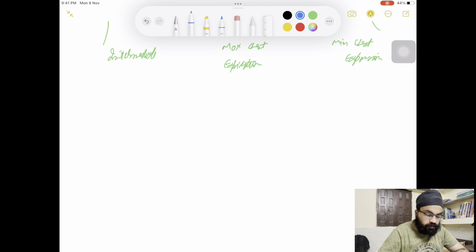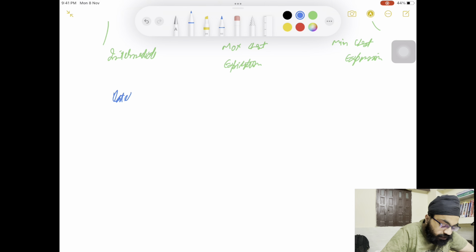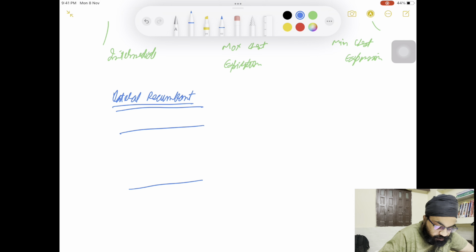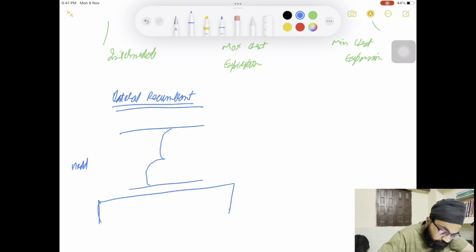Now coming on to the main thing that is important with this topic, the lateral recumbent position. So the concept over here is, the patient is lying, this is the bed, this is the head end. The diaphragm on the dependent side will be at a higher level with respect to the side that is not dependent.